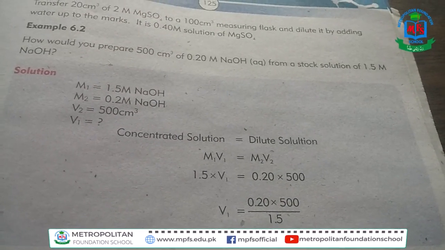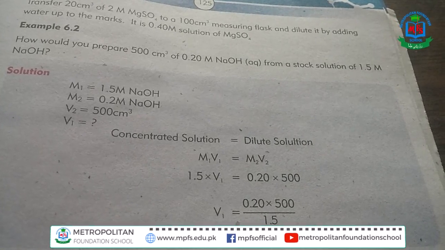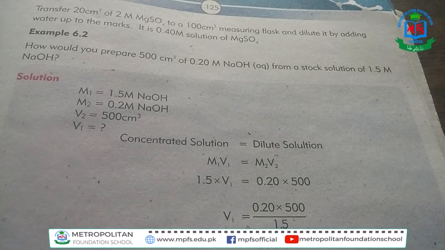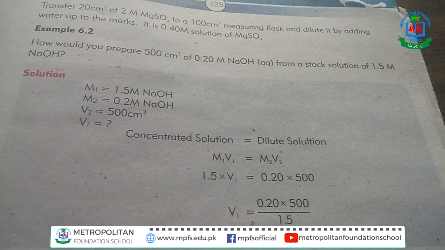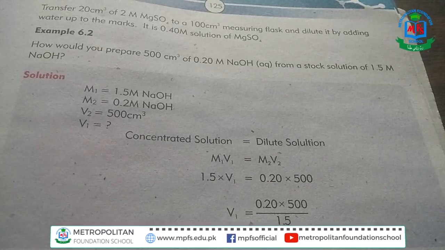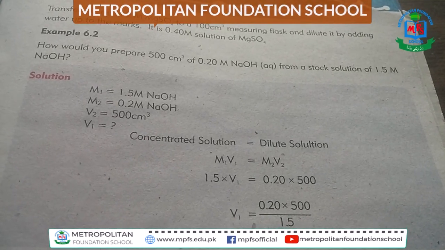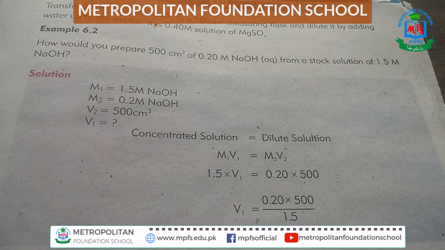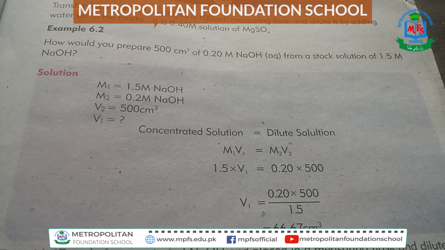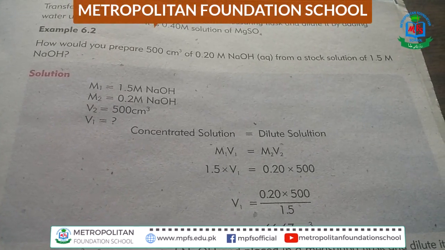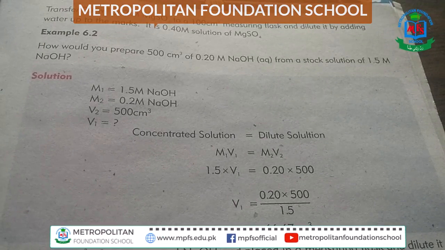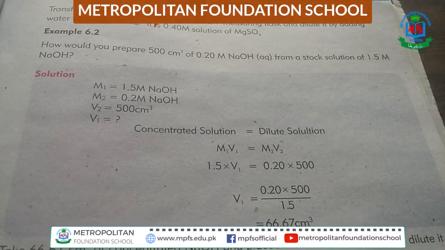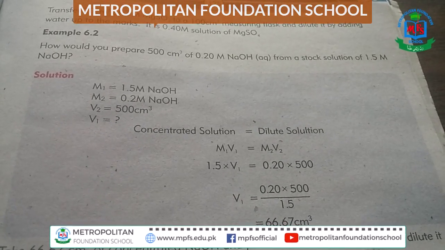1.5 is multiplied with V1, and we only require the value of V1. That's why we change the position of 1.5 and transfer it to the other side. On one side it is multiply, and on the other side it becomes divide.